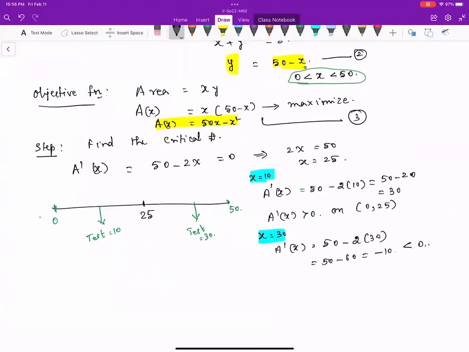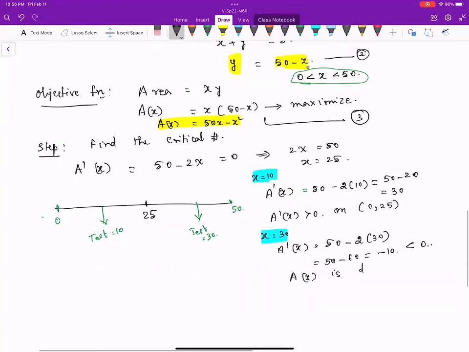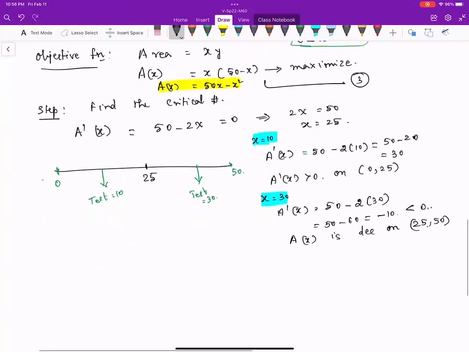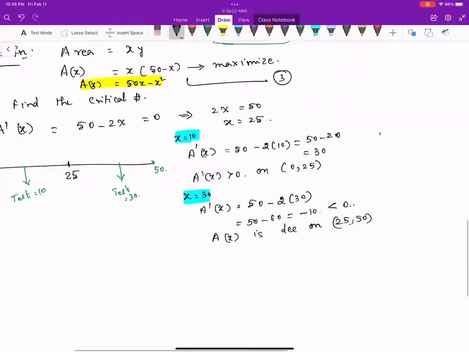So what do these two conditions say? A of x is increasing on the interval 0 to 25 and decreasing on the interval 25 to 50. Right? So what does that mean? To the left of 25, it is increasing. To the right of 25, it is decreasing.